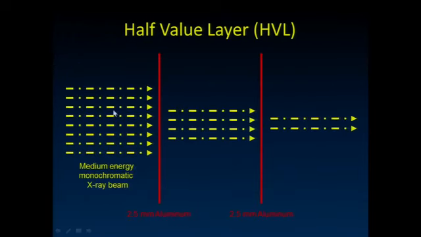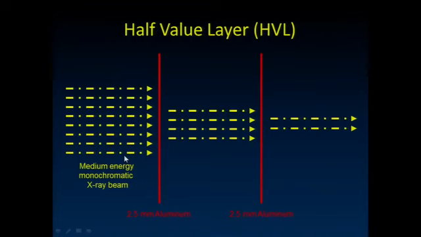So here we are. I want to start off with a medium energy monochromatic X-ray beam, so a single energy X-ray beam. We put a 2.5 millimeter aluminum sheet in front of it, and notice now we've reduced its number of X-rays by 1/2. So the half value layer of this X-ray beam is 2.5 millimeters of aluminum.